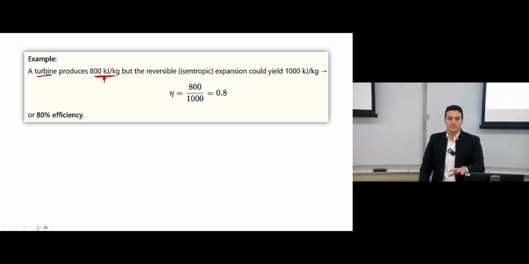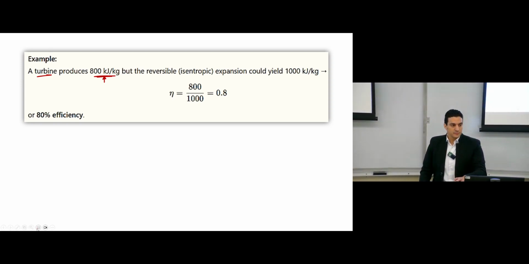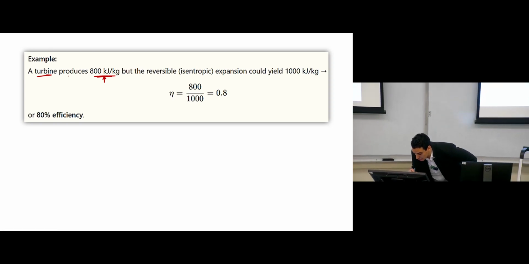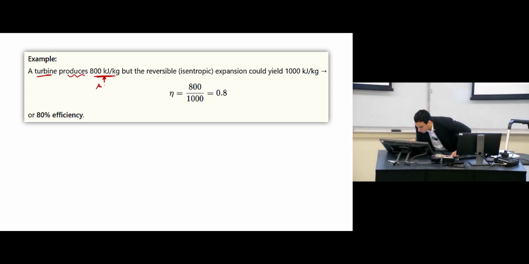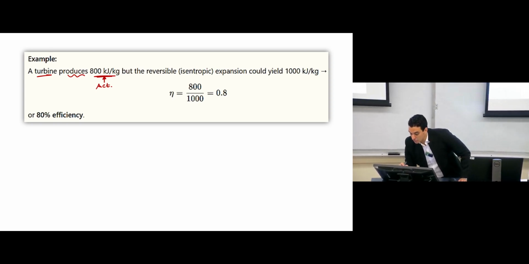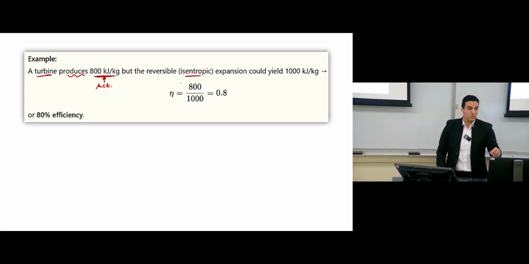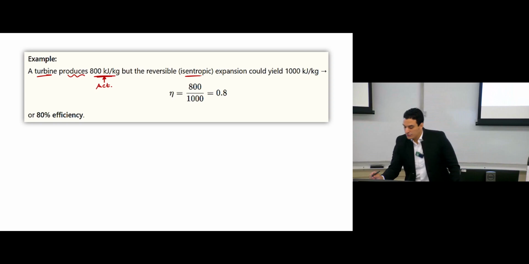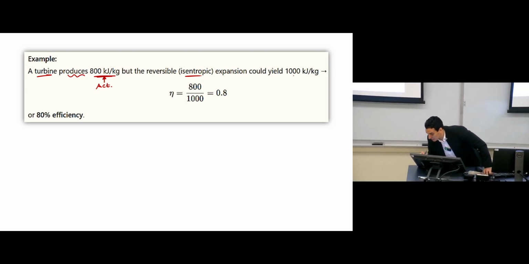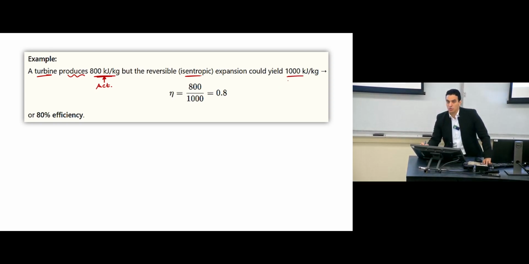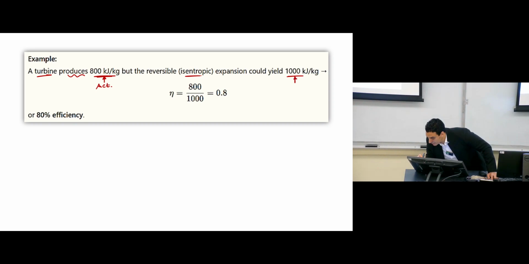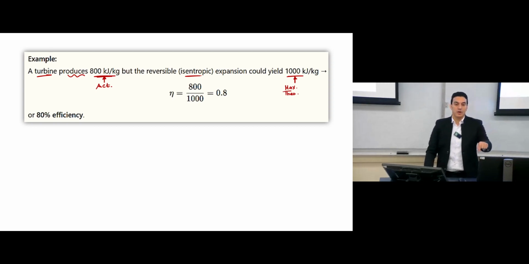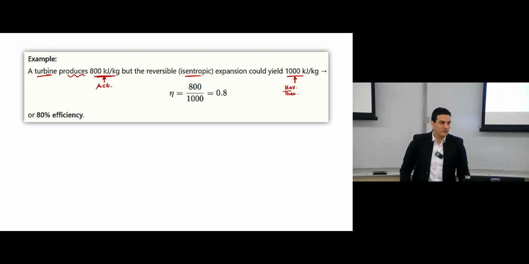But for the reversible, isentropic expansion, which is why it's called isentropic efficiency, it could yield 1,000 kilojoule per kilogram. So this is the maximum, theoretical amount of work we can obtain from the same turbine if it operates in a reversible way.